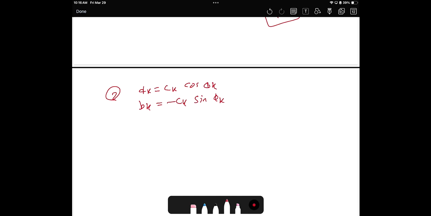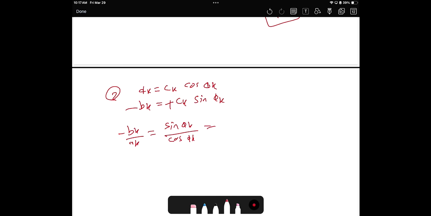You can multiply by a negative sign, so I'm going to multiply by a negative sign. This will make it positive. So I will say negative b_k over a_k equals c_k over c_k, which cancel each other, so it will be sine phi_k over cosine phi_k.